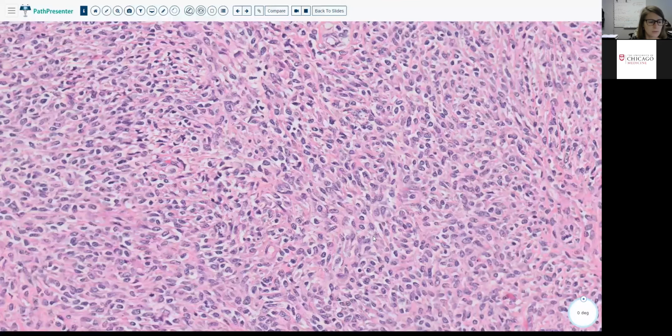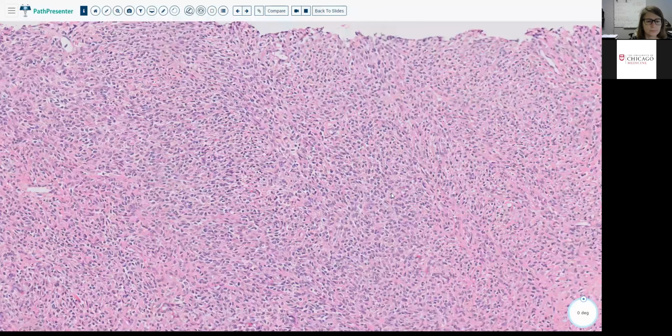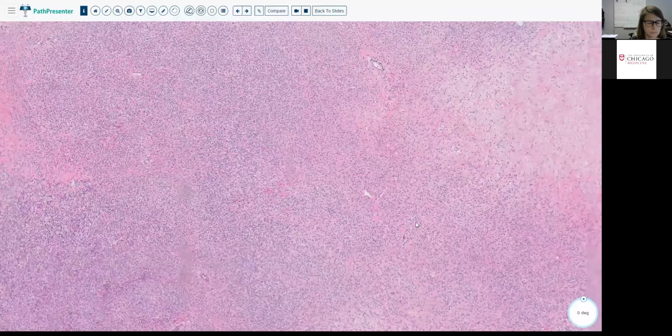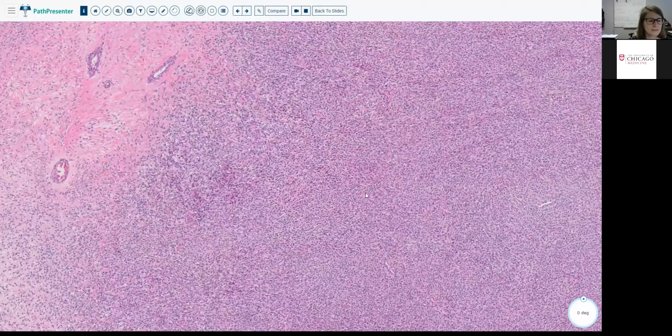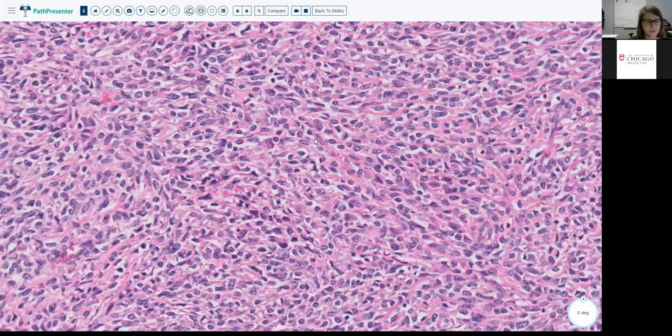What else would I have on the differential? SFT was my first thought, but it does have these intervening eosinophilic bands, right? You think about tumors that have that stromal deposition, and SFT is certainly one of them.